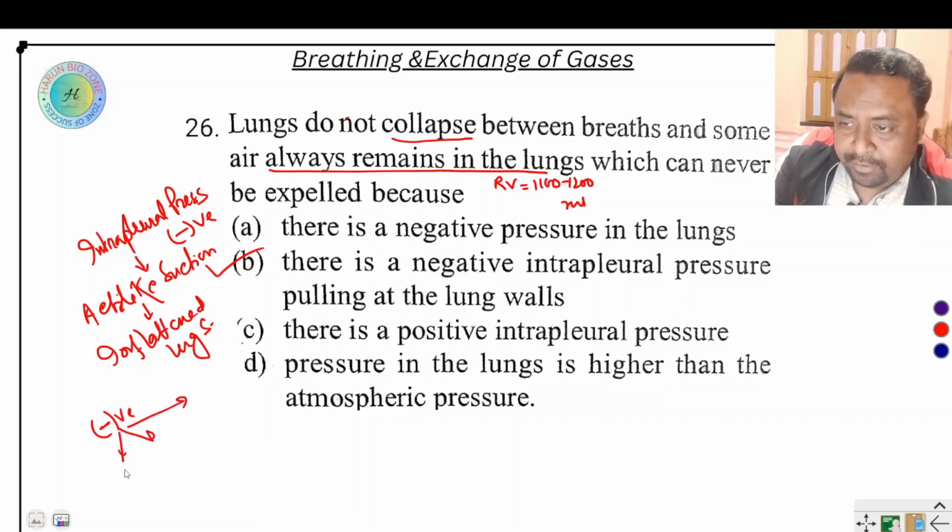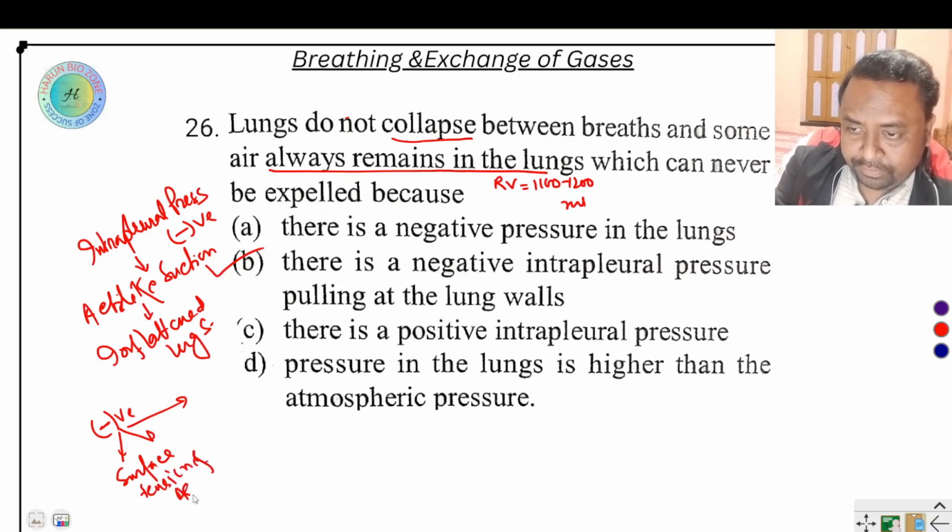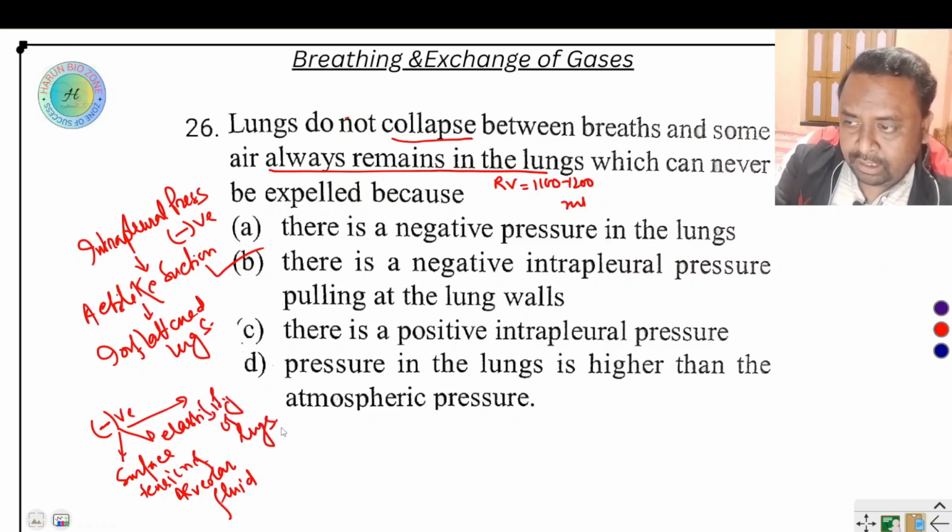Surface tension of alveolar fluid, elasticity of lungs, and elasticity of thoracic wall.